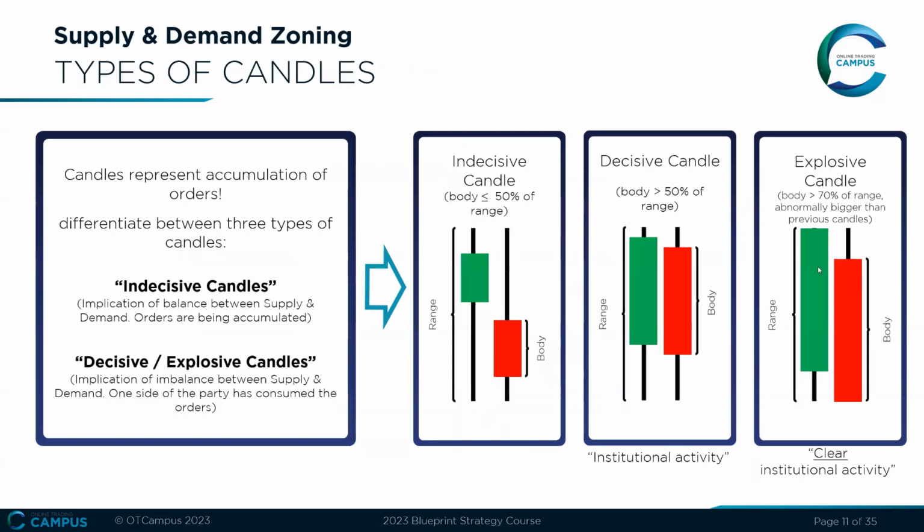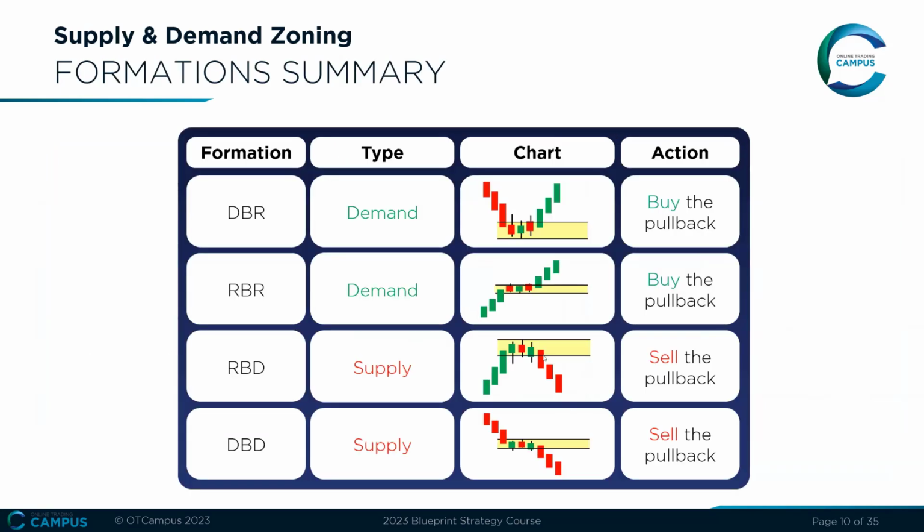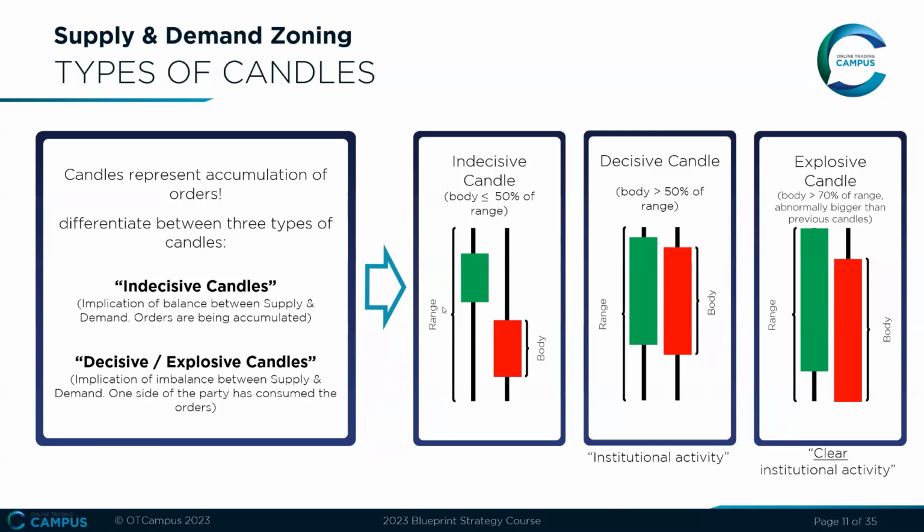And so what we ideally want is explosive candles to be part of this specific formation. Now, as it comes to the base, the base is the other thing that's important for us. We already know the base should maybe consist of indecisive candles, right? They show a balance, and then we go from balance to imbalance.